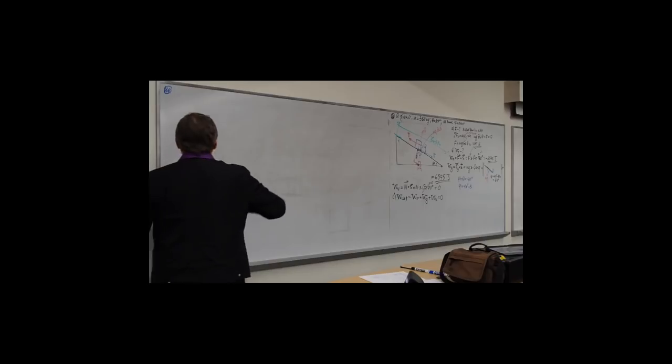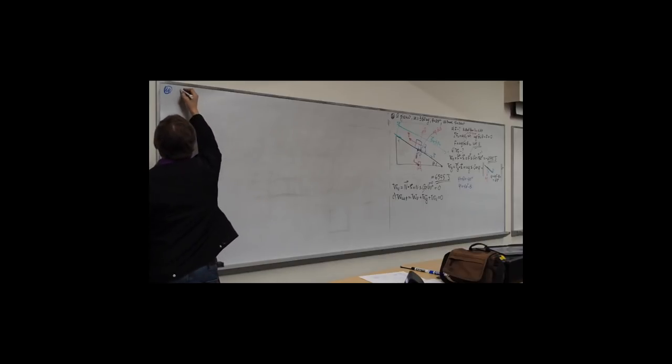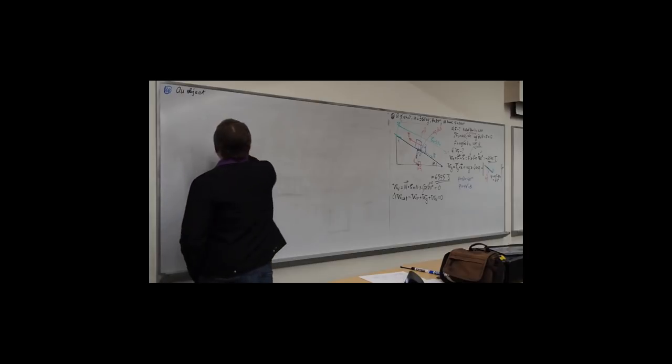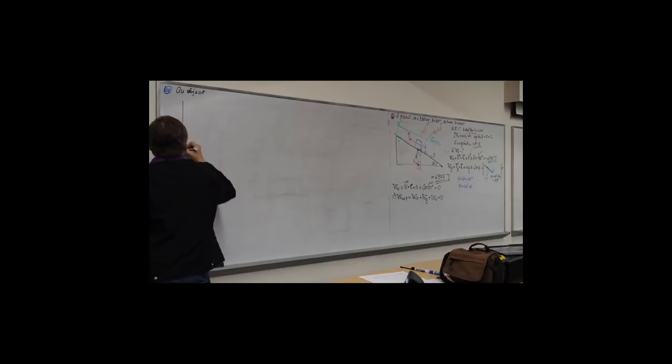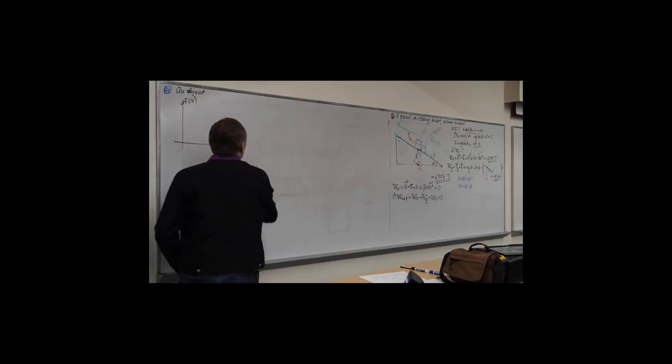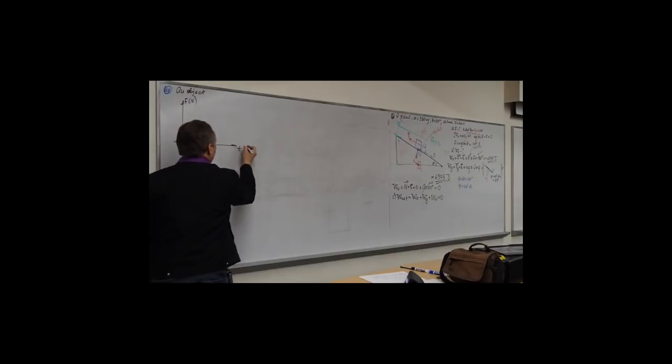I will probably draw the picture first. So we have an object which moves under the influence of this force, force in newtons, and is given versus time in seconds.